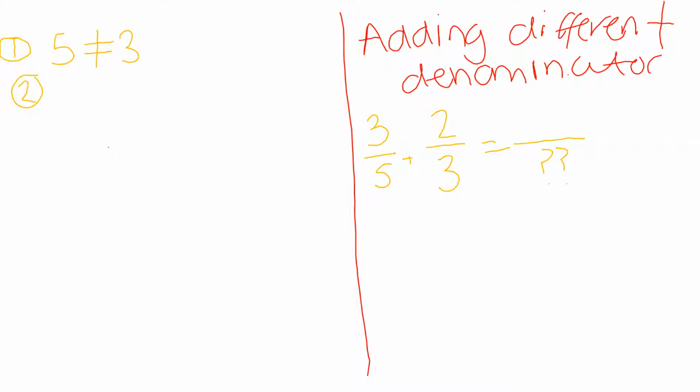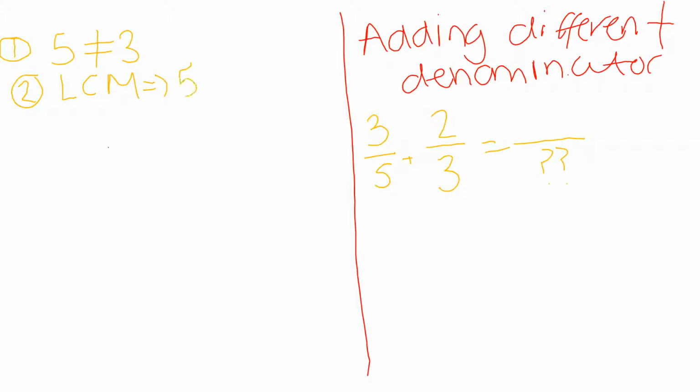The lowest common multiple is a number that 5 and 3 are both factors of, but it's the smallest possible one. One really easy way to get close or to even get to your lowest common multiple is to multiply 5 and 3, which equals 15.